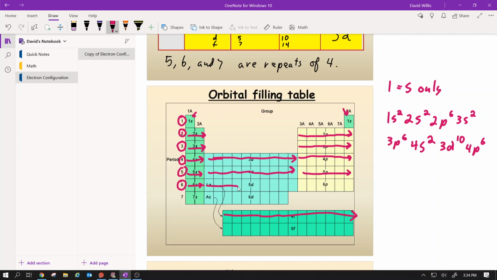And then 5D, and then 6P, and then 7S, 5F, 6D, and then 7P. Okay?